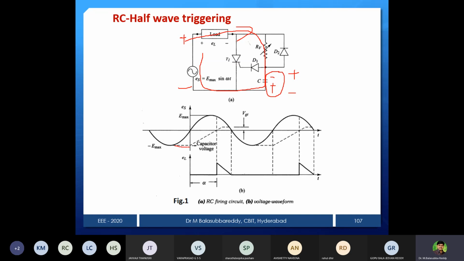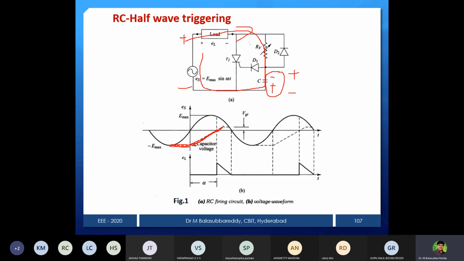It is minus V maximum during the negative half cycle. After that, during the positive half cycle, it gradually charges from minus V maximum towards the zero side. Once the zero point is reached, again it will charge in the positive direction.